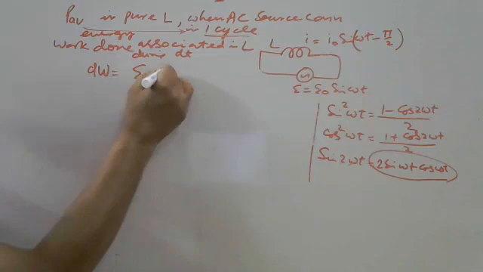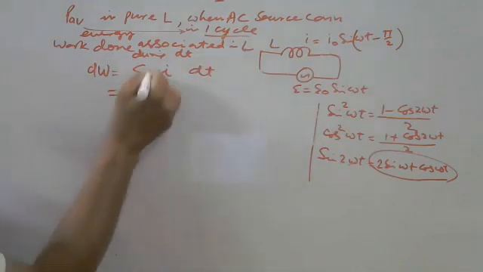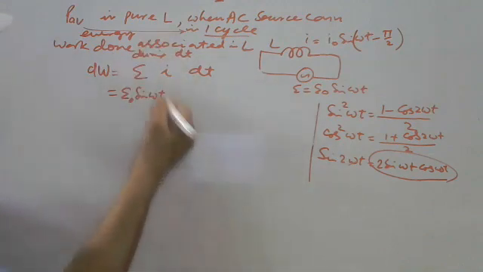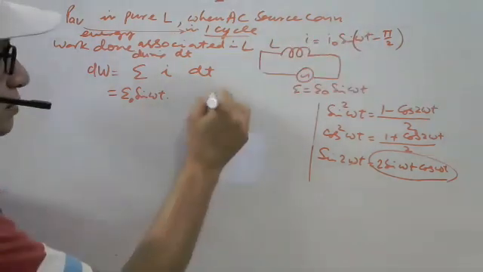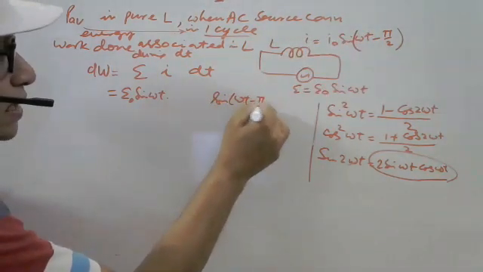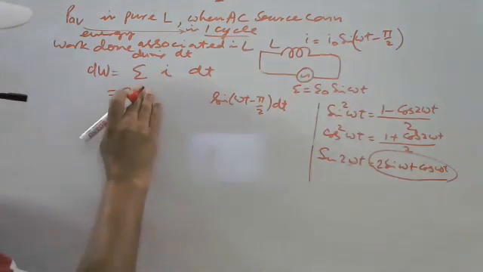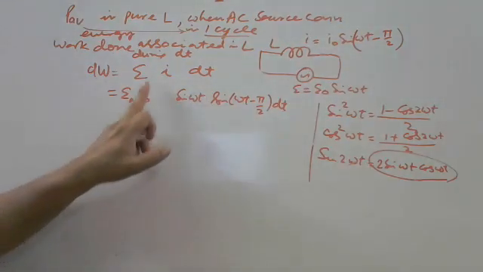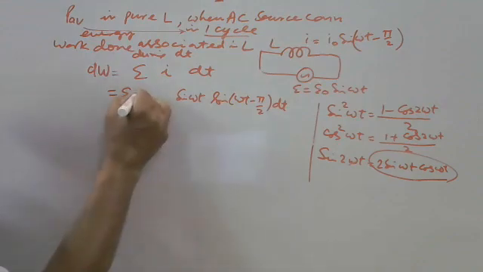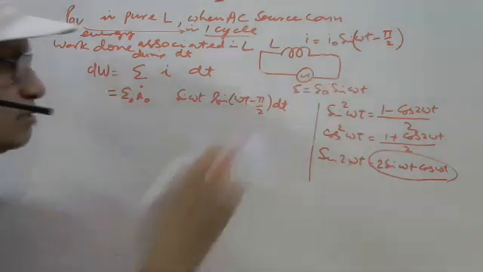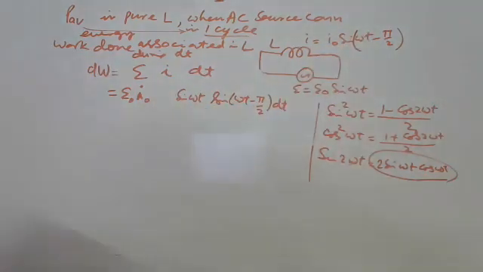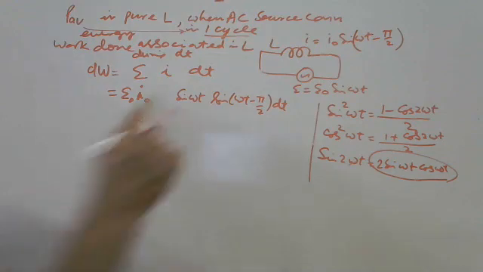Now let's discuss EI dt, the same expression, putting the value of E as E naught sin omega t, and I as I naught sin omega t minus 90. Now, sin 90 minus theta is what?